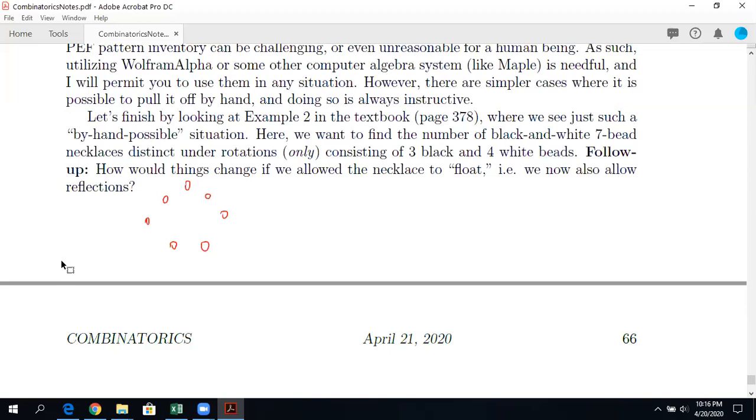Okay, so here's this 7 bead necklace, right? What are we going to have for our group in this particular case? Well, we're going to have 0 degree rotation.